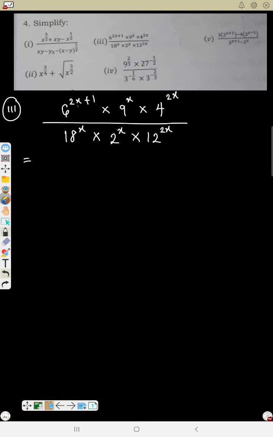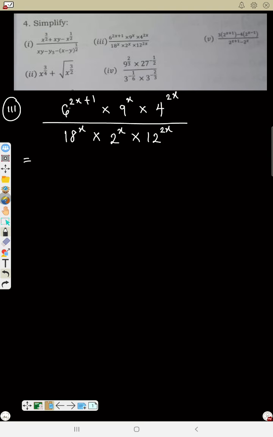Now you need to split everything to their index form or into prime numbers, or anyhow you can split it so that terms can cancel out.